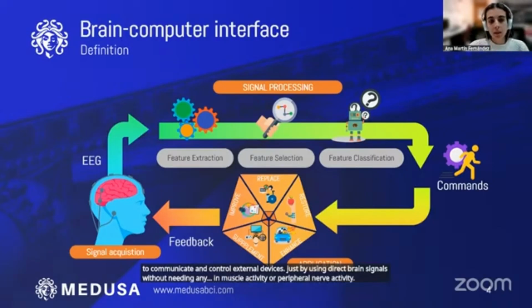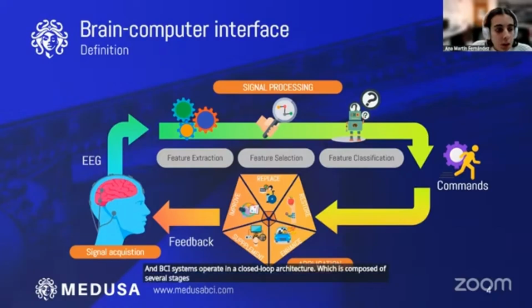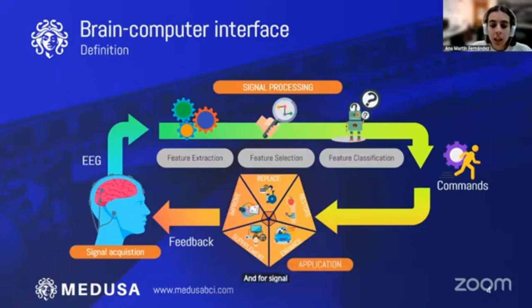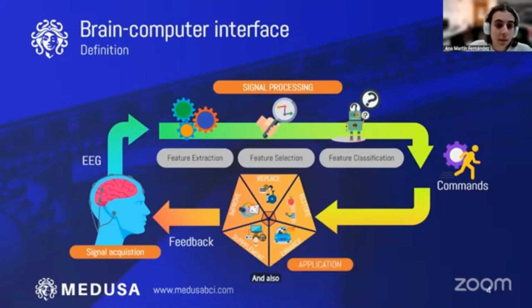BCI systems operate in a closed-loop architecture, which is composed of several stages. First of all, we need to acquire the user's brain signal. For signal acquisition, the most commonly used neuroimaging technique is electroencephalography, or EEG, due to its non-invasive nature, its portability, high temporal resolution, and also its relatively low cost compared to other neuroimaging techniques.